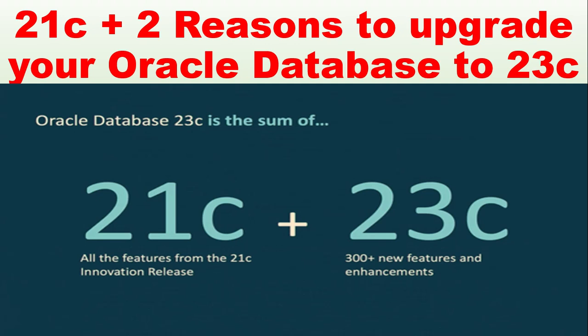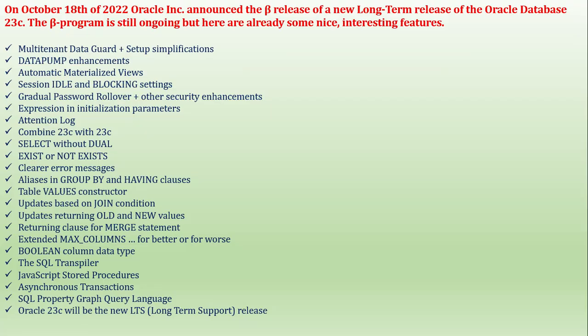So this 23C beta version was released last year on October 18th, 2022. Oracle Incorporation announced the beta release of a new long-term release of the Oracle database version called 23C.